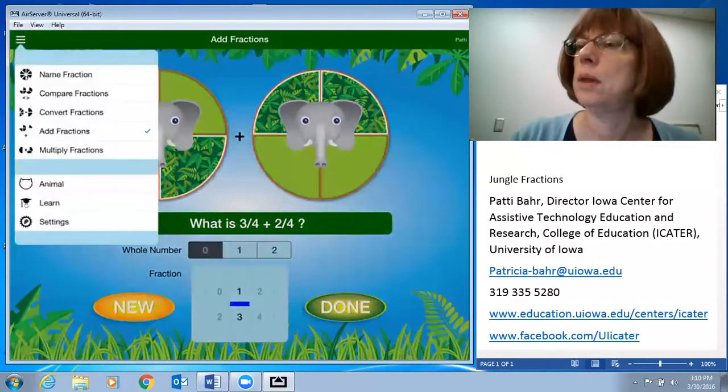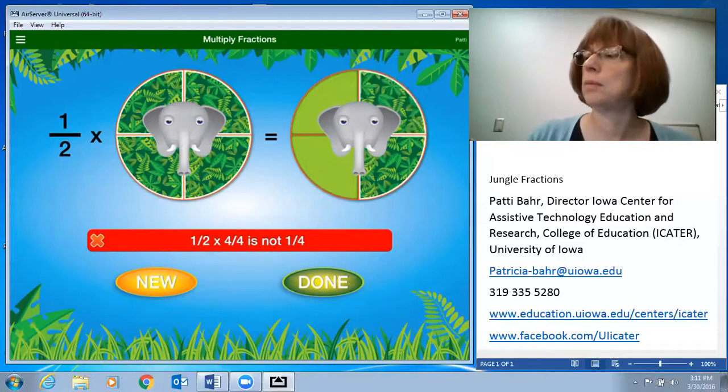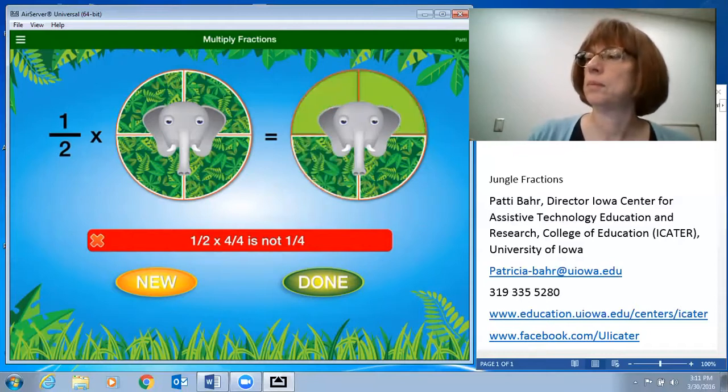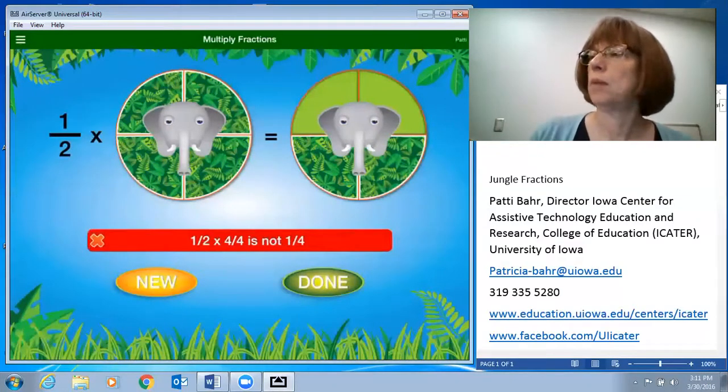Okay. And then here's multiplying fractions. What is 1/2 times 4/4? So 1/2 times 4/4 is, and I've got to fill these in. 2/4. 1/4. 1/2 times 2/4.